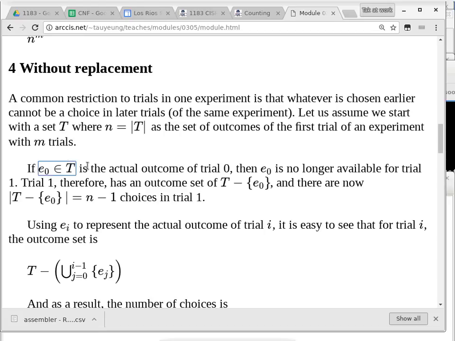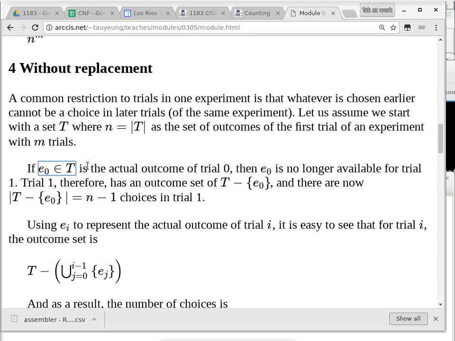Okay, so the next paragraph is saying, what if E0, E subscript 0, is an element of T, and that turns out to be the outcome of the first trial, or I call it trial 0 because we like to count from 0. Then this particular element, E0, is no longer available for trial 1, the next trial. Is that making any sense?